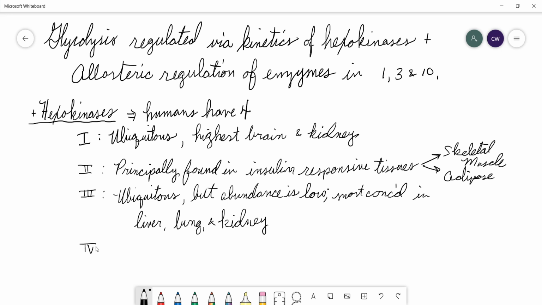Hexokinase 4 is kind of an interesting one. It behaves a little differently than its three cousins here.